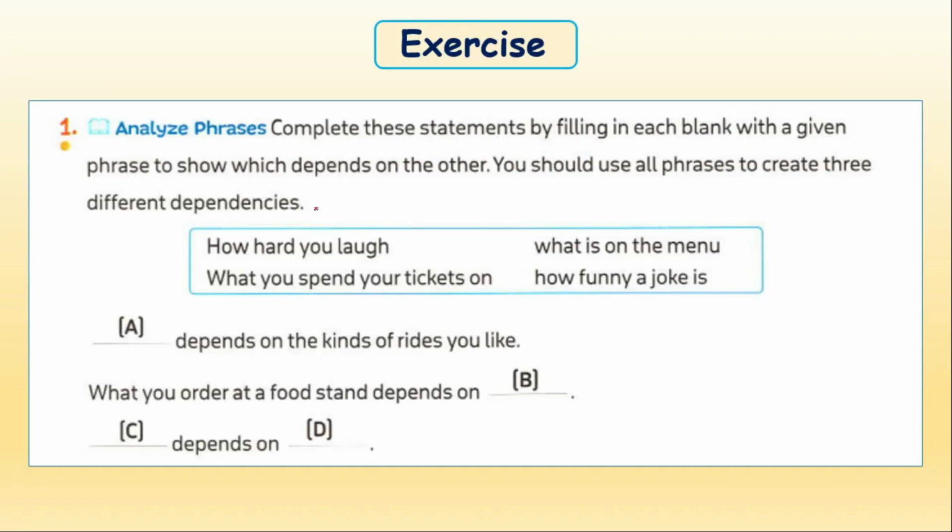Okay. Let's solve the exercise. Complete these statements by filling in each blank with a given phrase to show which depends on the other. You should use all phrases to create 3 different dependencies. Here we have statements and we want to choose which one depends on the other.